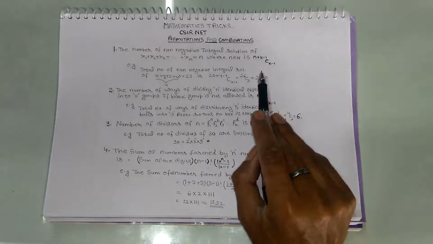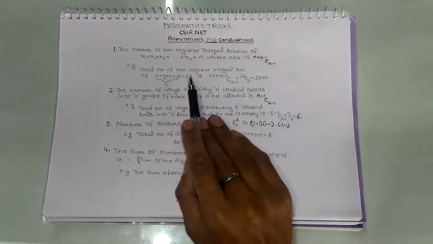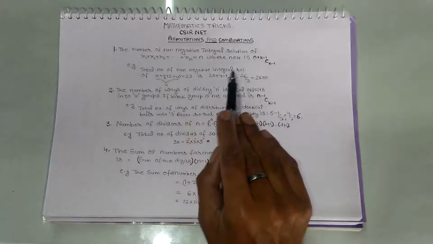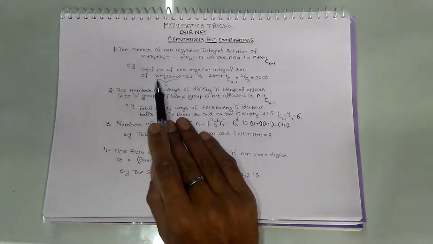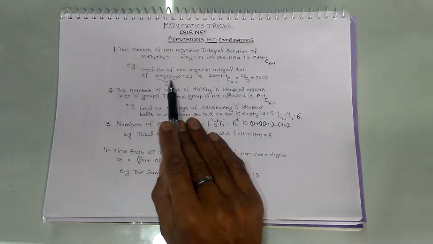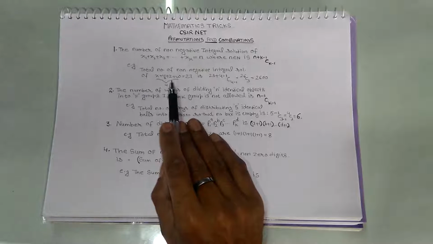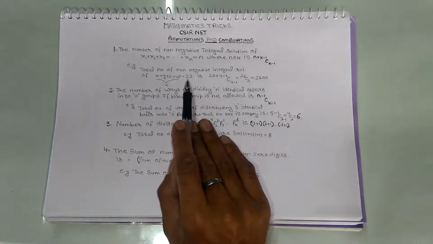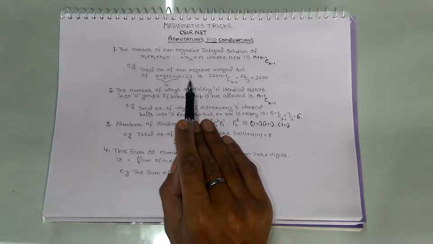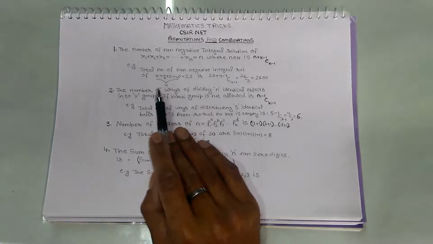For example, the total number of non-negative integral solutions of an equation x plus y plus z plus w is equal to 23. It means we have to find the possible values of x, y, z and w so that their sum is 23, and we have here 4 variables.